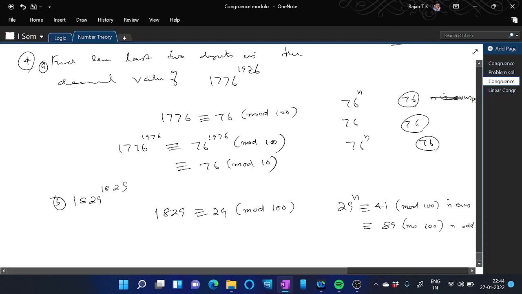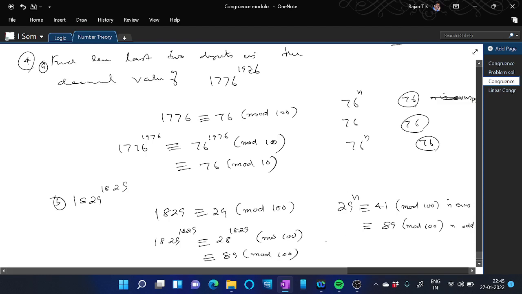Here 1829 raised to 1829 is congruent to 29 raised to 1829, and the power 1829 is an odd number, and therefore this is congruent to 89 mod 100.